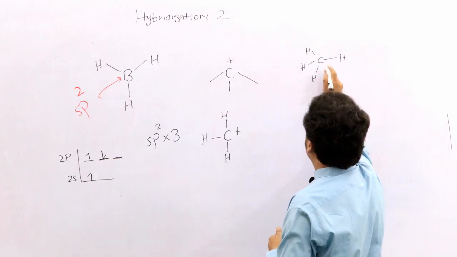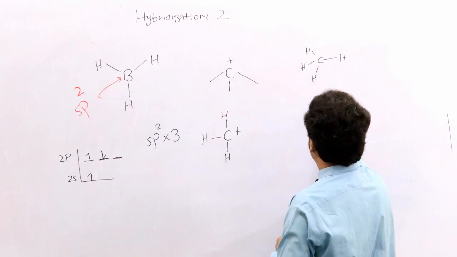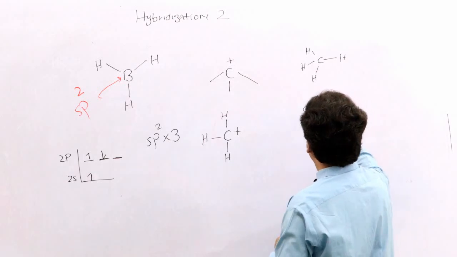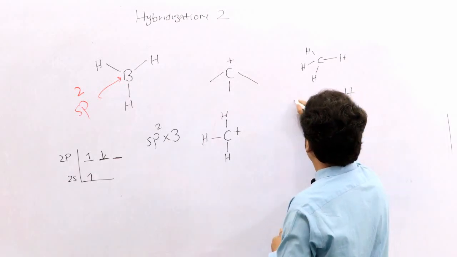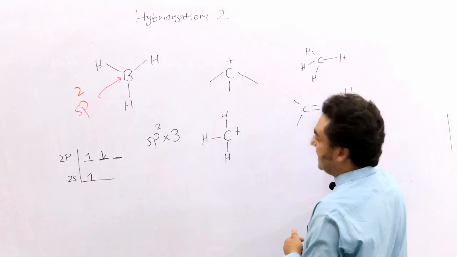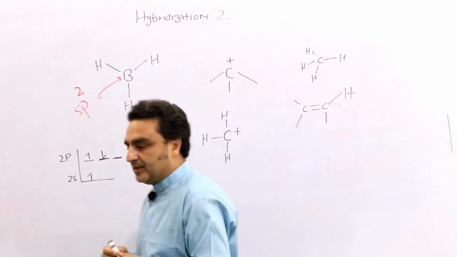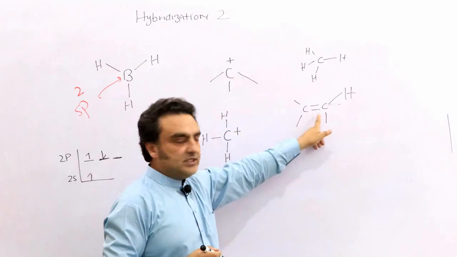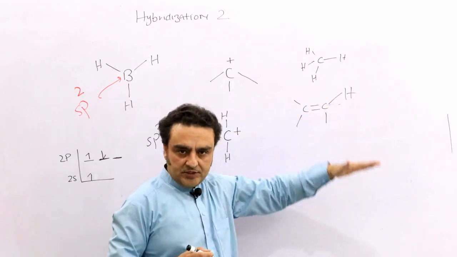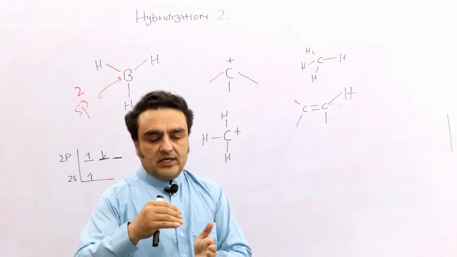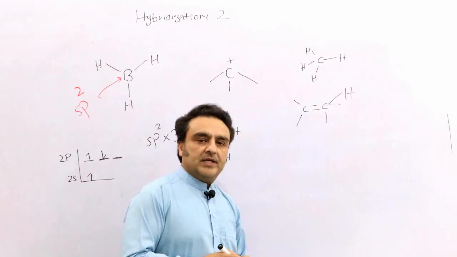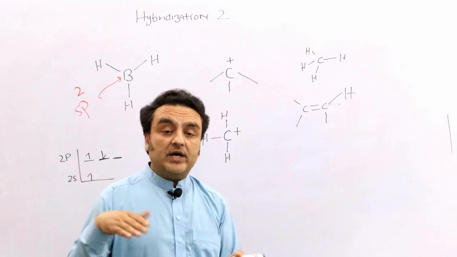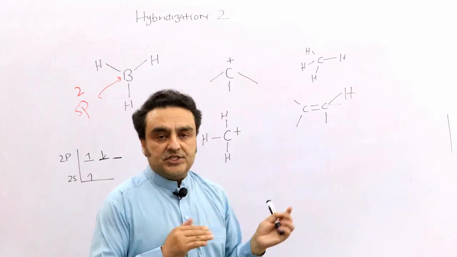This CH bond is between sp3 carbon and hydrogen, and this one is between sp2 hybridized carbon. So this bond is a lower energy bond.